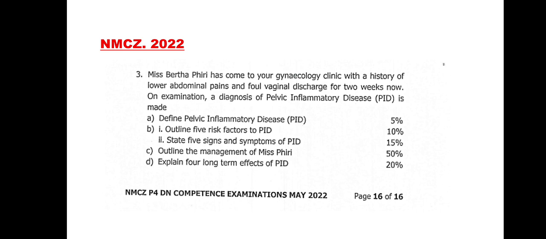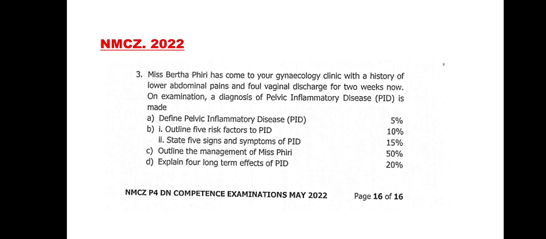So you need to define it to make sure that you earn the 5 marks. And how are you going to define it? You are going to define pelvic inflammatory disease in this way. You say that pelvic inflammatory disease is an infection and inflammation of the female upper genital tract.